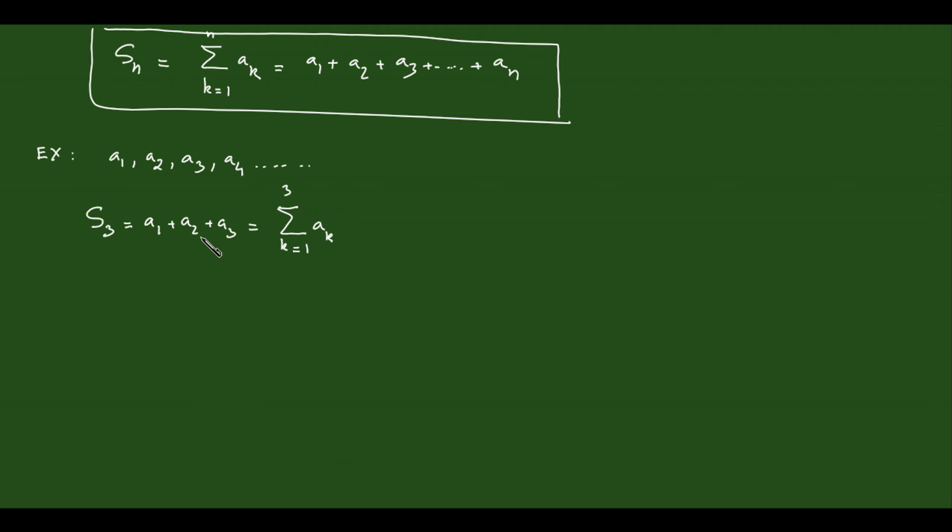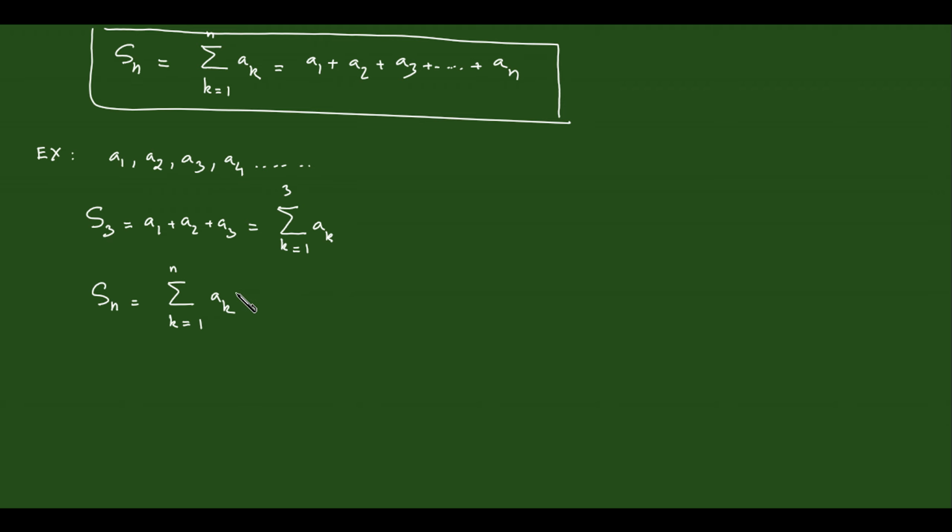Okay, so this is a partial sum of the first 3 terms. You can write the partial sum of all the terms. S sub n is the n-th term sum, we don't know it because it's an infinite number of terms. So S sub n is nothing but the sigma notation from k equal 1 to n of a sub k.